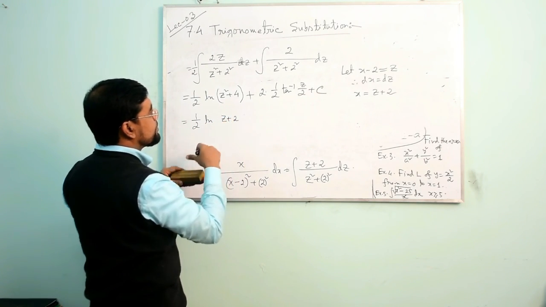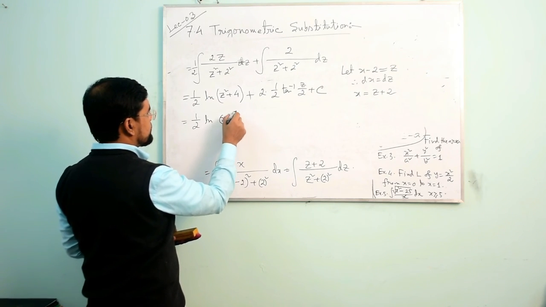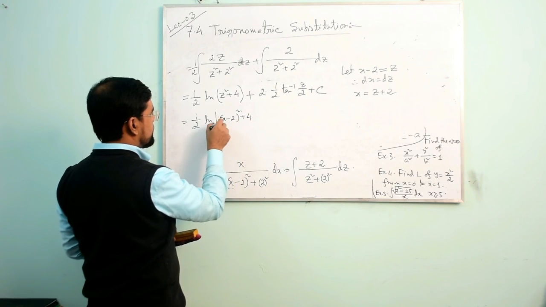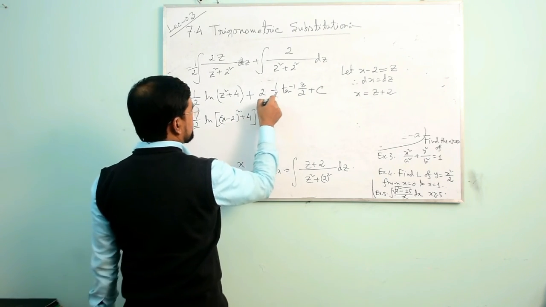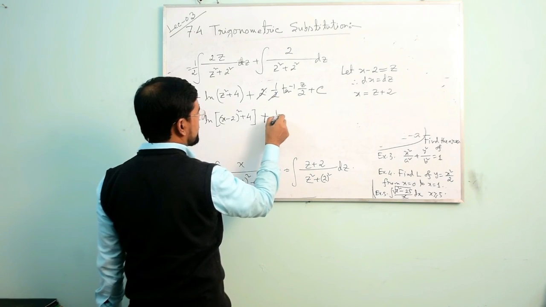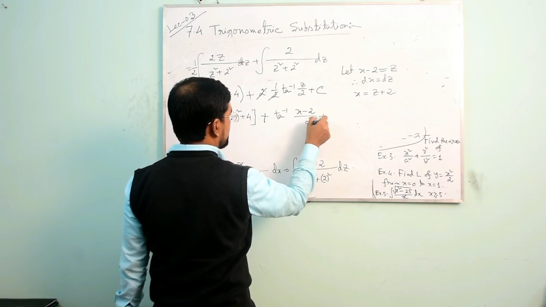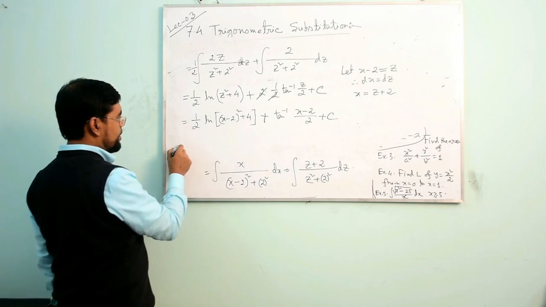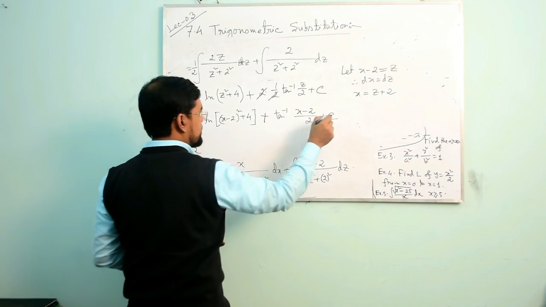Z equal x minus 2, so half ln (x minus 2) whole square plus 4 plus tan inverse (x minus 2) by 2 plus c, which is equal, or you can put your answer here.